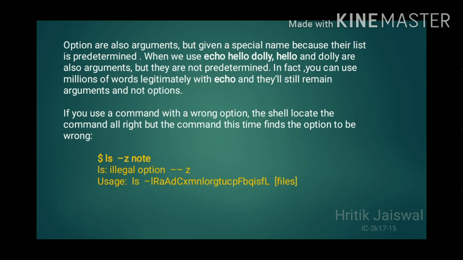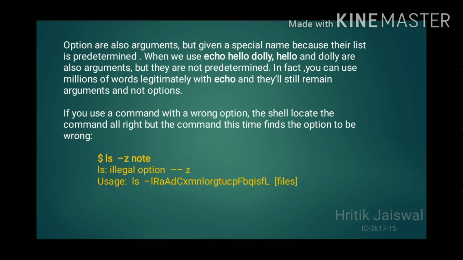Options are also arguments but given a special name because their list is predetermined. When we use echo hello dolly, hello and dolly are also arguments but they are not predetermined. In fact, you can use millions of words legitimately with echo and they will still remain arguments and not options.